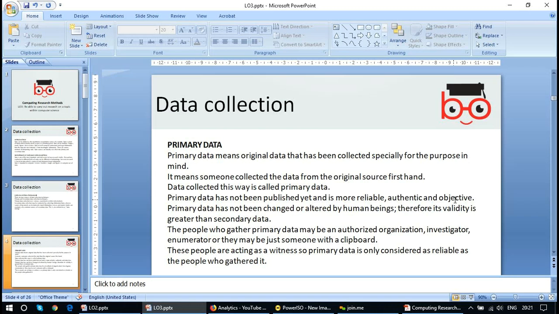So whenever you get primary data, it means pure and recent, fresh data which is not published yet, so it would be reliable, authentic and objective research. Primary data has not been changed or altered by human beings. Whatever data you have is genuine and true, unaltered data. Therefore, its validity is greater than the secondary data.